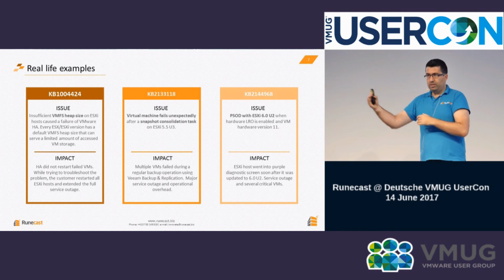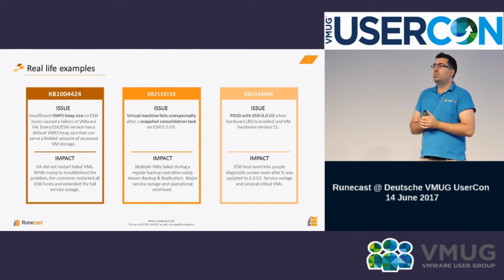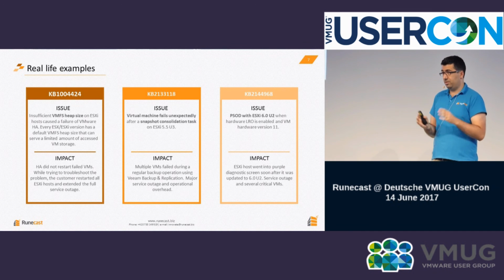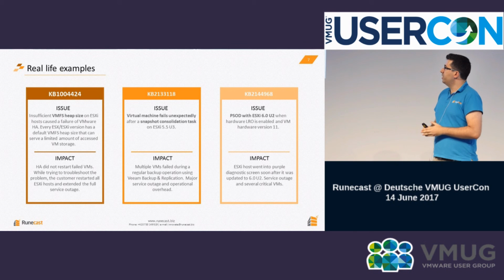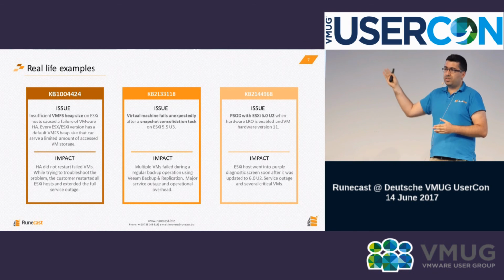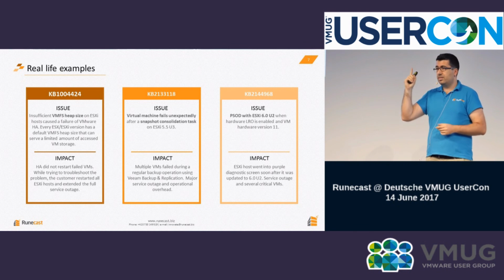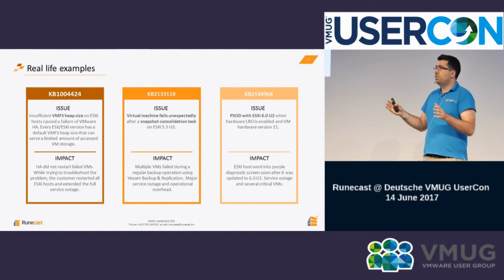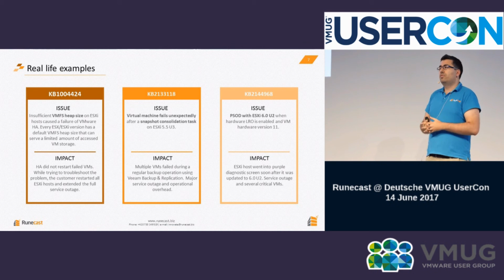Once the management found out about this, we were tasked with validating all of the customers in EMEA, hundreds of VMware environments, on whether or not they were at risk based on this one single knowledge base article. Now imagine how many hundreds of knowledge base articles your environment may be at risk from.